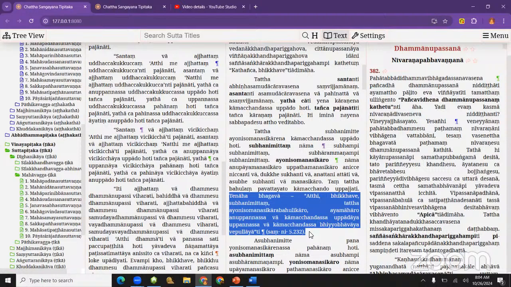If you have an attractive object and you maintain your unwise attention abundantly in your mind, that is the fuel, the condition for the unarisen kāmacchanda to arise, or the already arisen kāmacchanda to expand and grow. Bhiyyo bhavaya means to expand, and vepullaya means to augment. So that's the meaning.